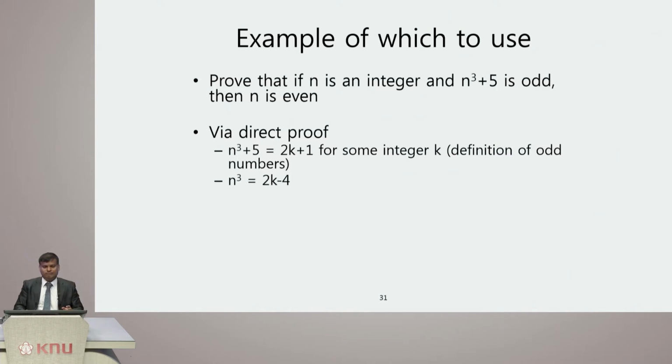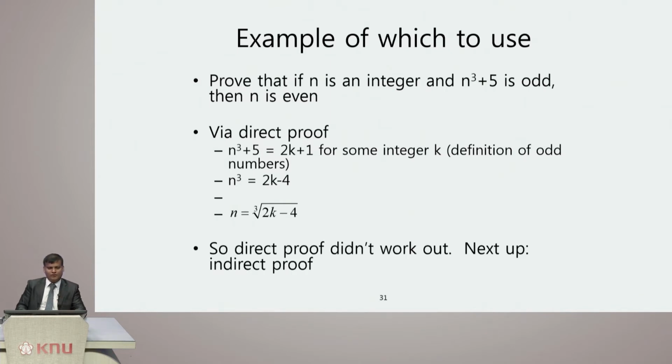So n cube equals 2k minus 4, just taking 5 to the other side. So now n equals the cube root of 2k minus 4. Well, now it's not that easy for you to say whether n is even, because the cube root of 2k minus 4 doesn't yield us the needed value.